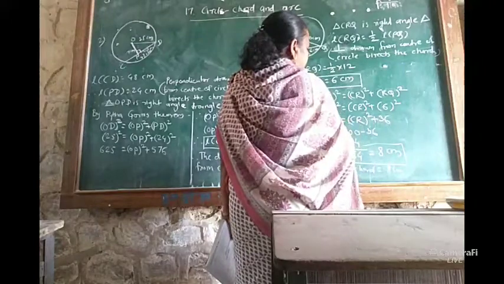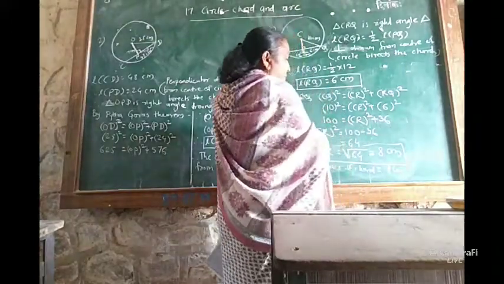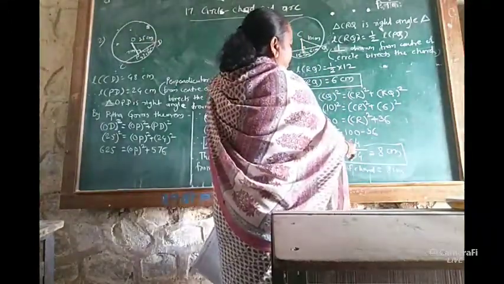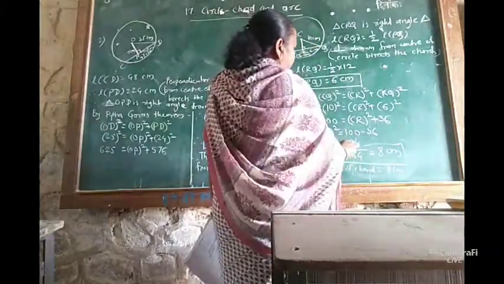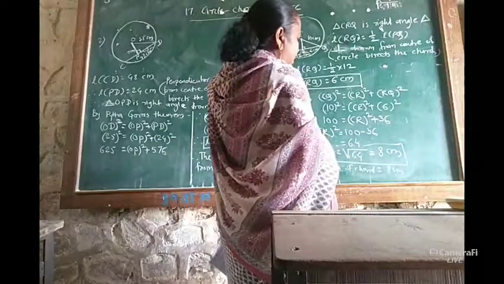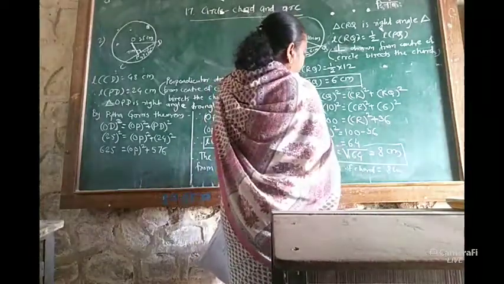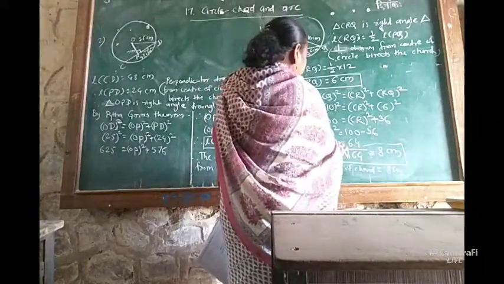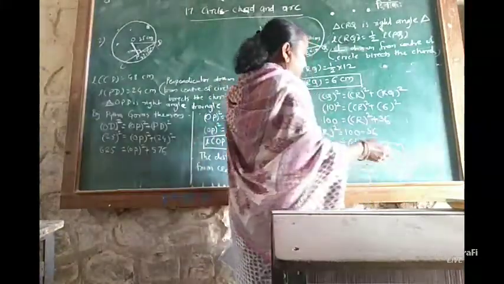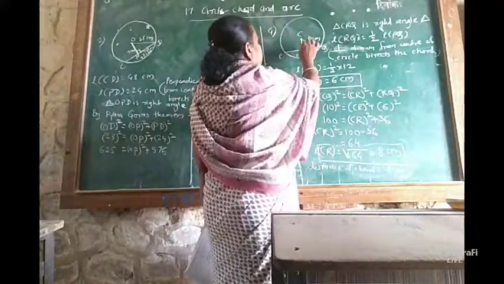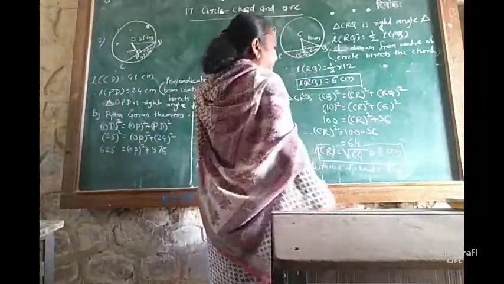By subtracting 36 from 100, we find the value of CR square, which is 64. CR means the distance between the center and the chord. So for finding the value of CR, we take the square root of 64, and the value of CR will be 8 centimeter. That is the distance between the center and the chord.